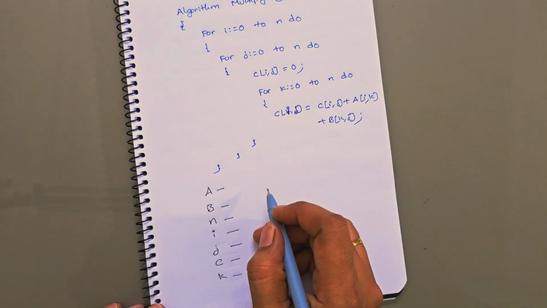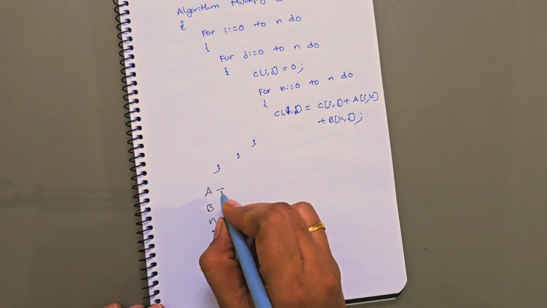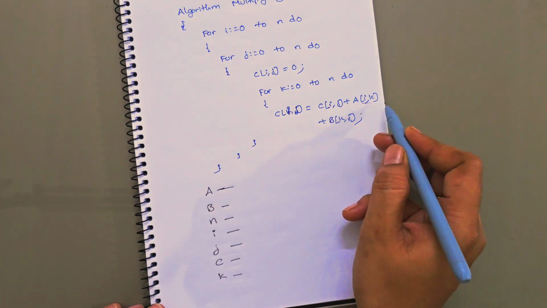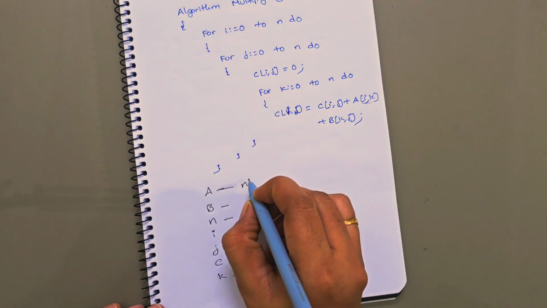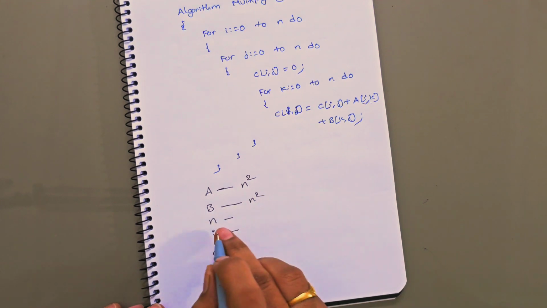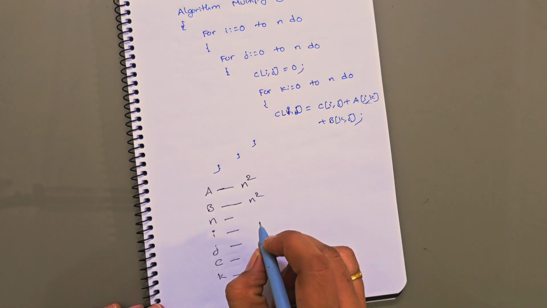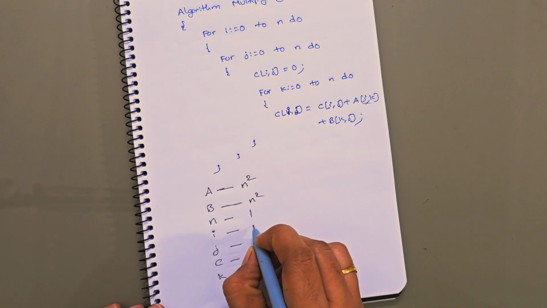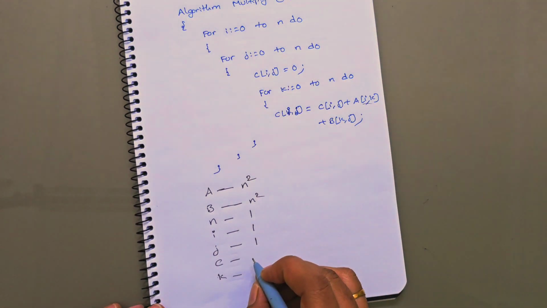So next you have to check whether that variable is dependent variable or independent variable. So here A is dependent variable. So A is depending on two variables. So the space required by this variable is n square, and B is also n square, and n is independent variable. So space required by this variable is 1, and space required by this variable is 1, and j is 1.